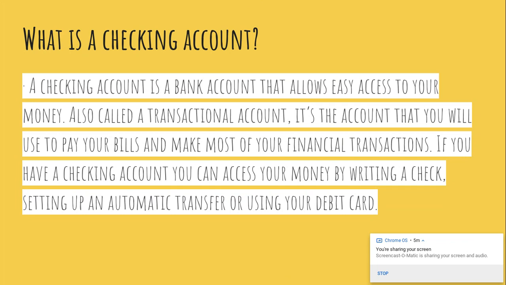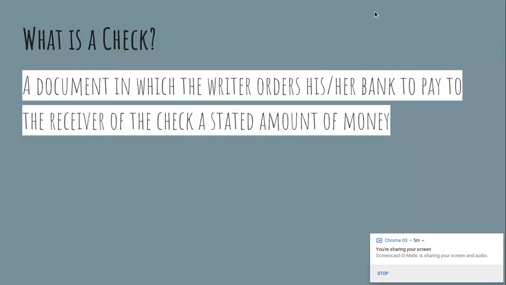And then you could put why you withdrew that, to pay John for the hay. So we still have a record of what that cash is being used for. That is the great thing about checking accounts and debit cards and checks, is that there is a record of everything you're using your money for. So that's why these are really great accounts to have.